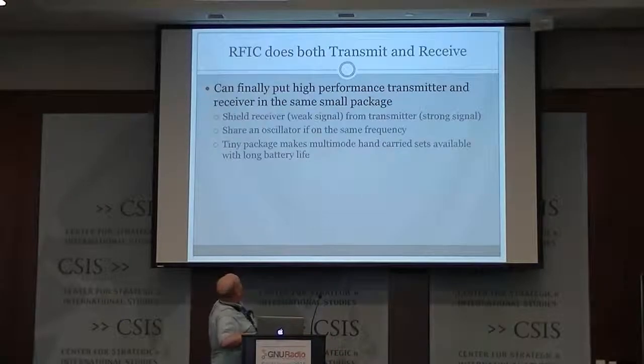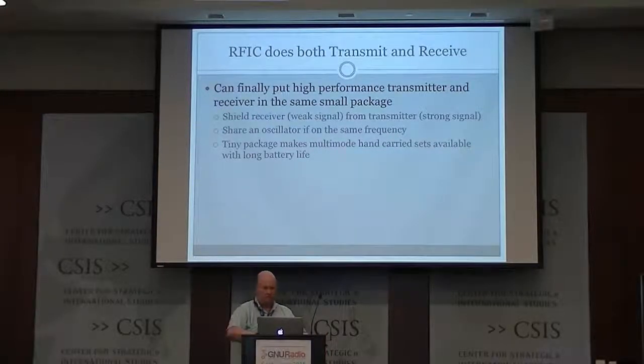Okay. All right, so you can finally have high-performance transmitters and receivers in a really, really small package, which is these RFICs. And as Matt shows you, when it has this UBX or his RFICs in them, you can shield the receiver, which is to work on really, really weak signals, from the transmitter. There's not much 1/r² loss between the transmitter right next to the receiver, but you can shield them well.